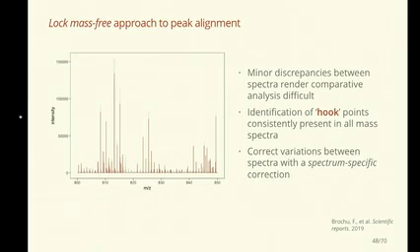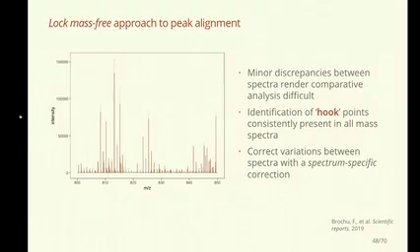Depending on the mass analyzer, typically there are minor discrepancies between the spectra, as we saw with mass peaks each having a slightly different m/z value, which renders this comparative analysis difficult. Again, the easiest solution is binning, but I'm not a fan. So can we identify hook points which are recurrently, consistently always present in the mass spectra, and then use those to correct these variations with a spectrum-specific correction?